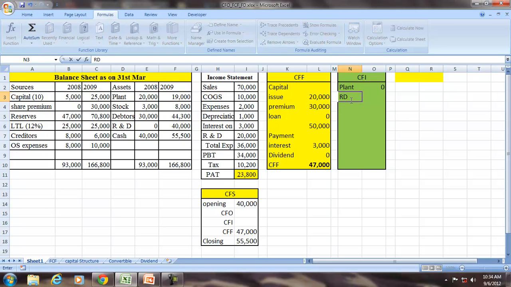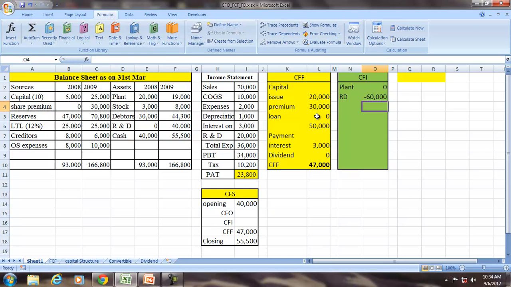Whereas R&D, we can see there is no R&D in the beginning, there is an R&D at the end, and there is R&D amortized, so there is a 60,000 negative. That means you have purchased R&D during the period to the extent of 60,000. Did we receive any dividend?